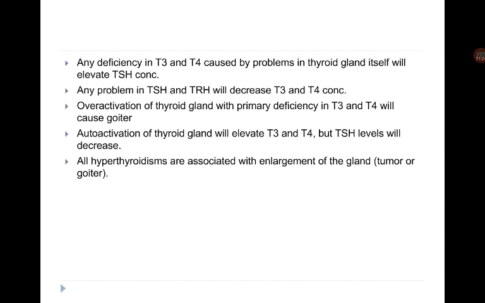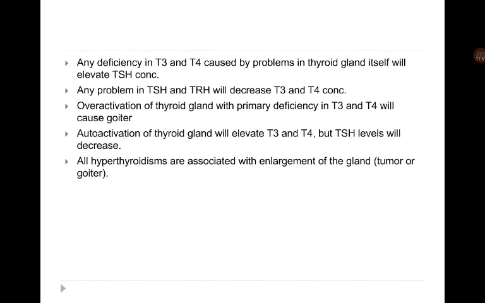Now only some notes about the difference between hyperthyroidism and hypothyroidism, the difference in their causes. Hypothyroidism and hyperthyroidism have many causes, and you have to memorize these causes from the sheet or the slides. So I'm going to give some points that will help you to memorize that information.